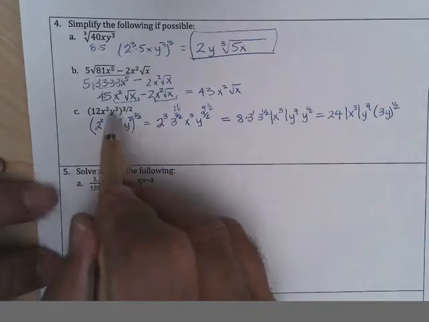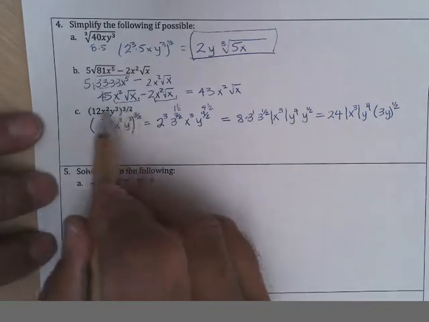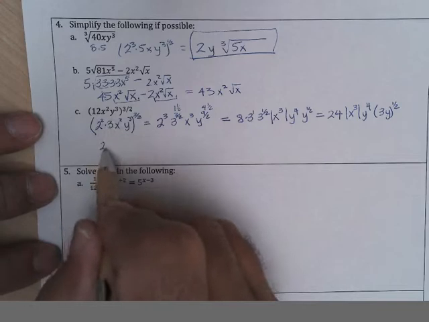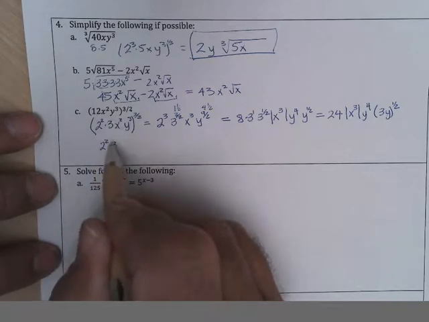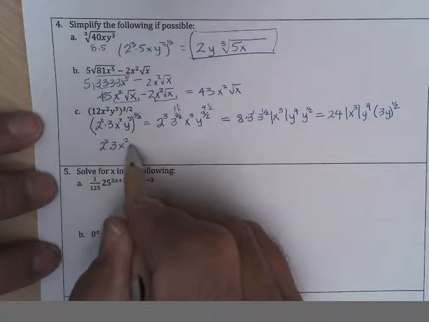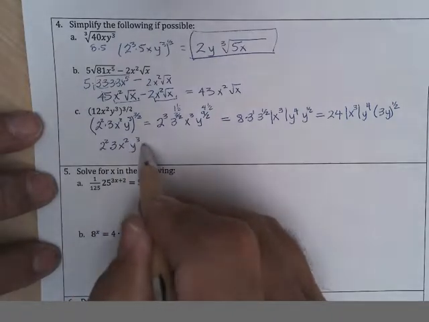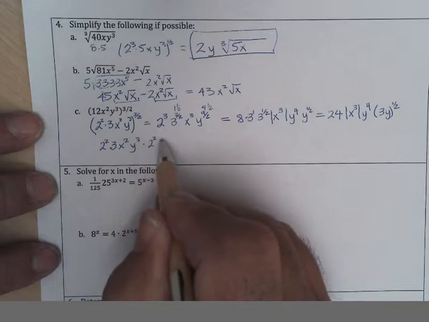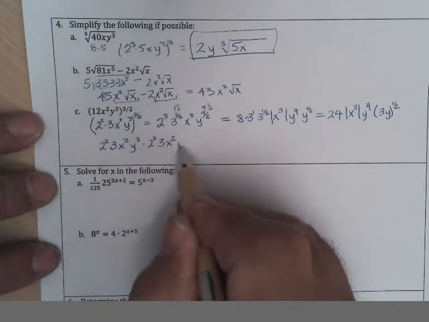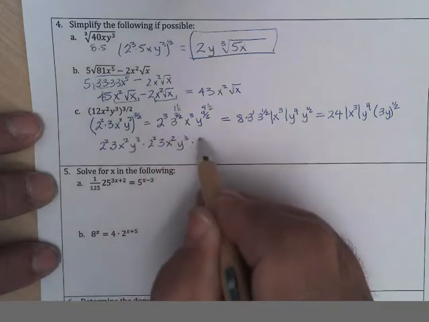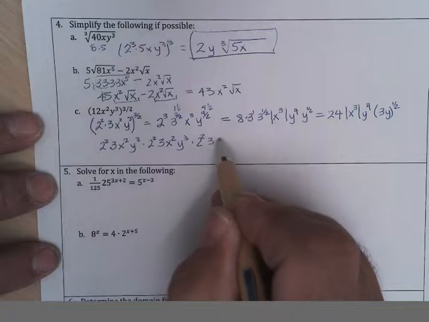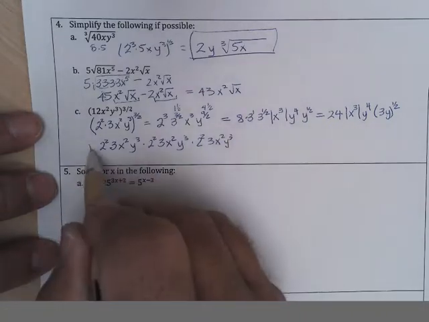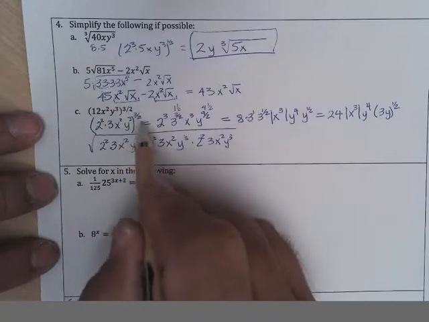Now if I do it under the square root, I have 3 of these. So 12 is 2 squared times 3 x squared y to the third, times 3 of them, all under a square root.